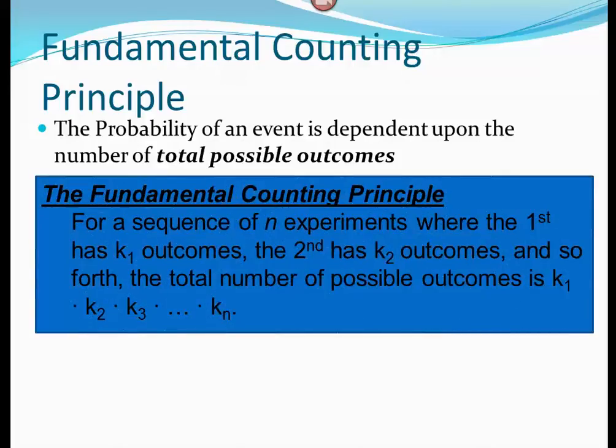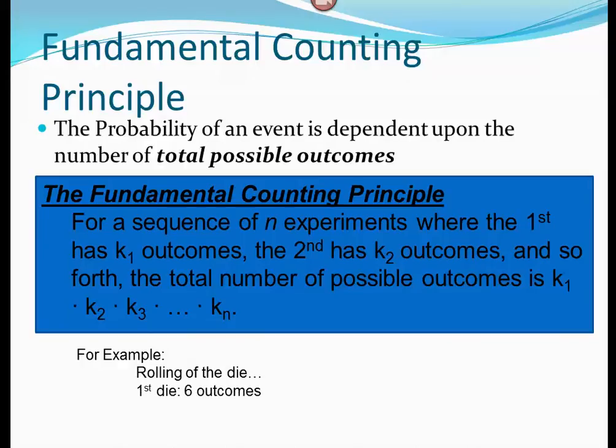So the fundamental counting principle says that for a sequence of n experiments or trials, if the first trial has k1 number of outcomes, and the second one has k2 number of outcomes, and so on, the total number of possible outcomes is going to be the product of the number of outcomes per trial or experiment. In other words, for example, if we were rolling a die, you remember that there's 6 outcomes possible.